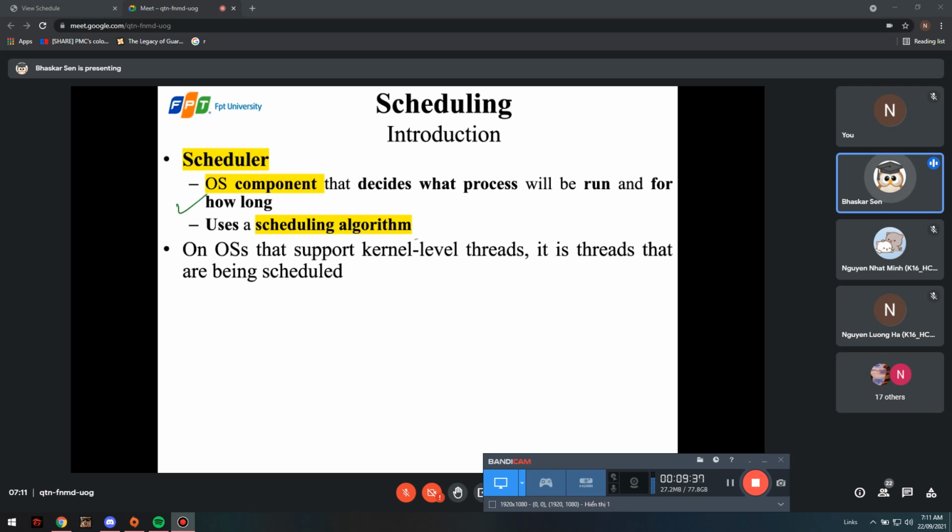They support the kernel level threads, as we said, it is the threads that are being scheduled, but we understand very few OS actually support kernel level threads because that would be a huge compromise in speed. And multi-threading stands for speed, higher levels of speed.